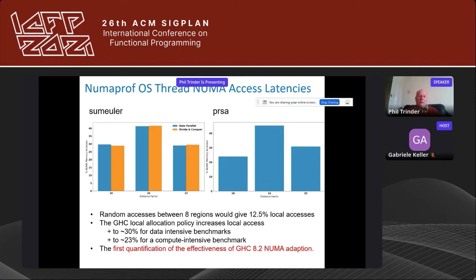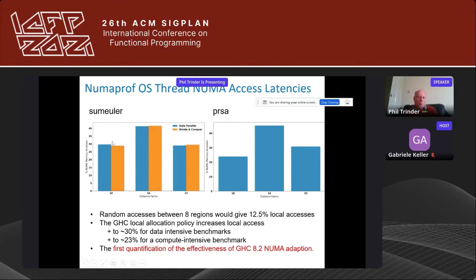Analyzing the data we have for now, looking at access distances, we can look at what percentage of accesses are local, what percentage are at distance 16, and what percentage are at distance 22. For sum Euler, there are 2 different versions, and for PRSA, there's just the one program.